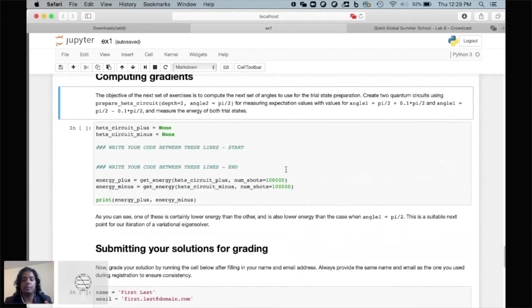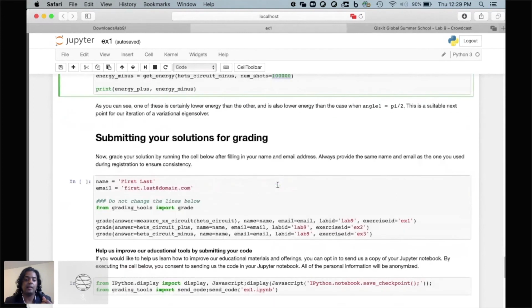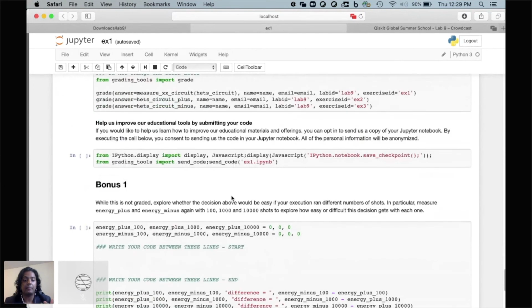In all of these problems, the number of shots is very large. In the next step, I'd like you to run these for different sets of shots. This is a bonus problem for 100 and for 1,000 or 10,000 shots, and see how shot noise is going to affect your gradient estimation and how it's going to affect decisions the classical optimizer would need to make regarding which direction to go in for the next iteration.